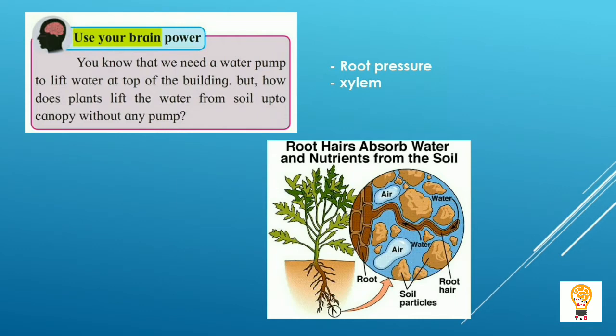Slowly, each cell is filled with water and then all the cells get swollen one by one. They start putting pressure on one another, and in this way, by using this root pressure, the water is transported to the leaves with the help of xylem. This is just an overview which we are going to study in depth in this chapter. Okay, clear? So let us start with the chapter.